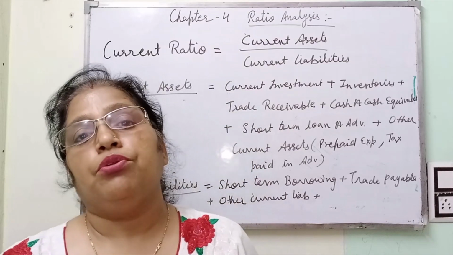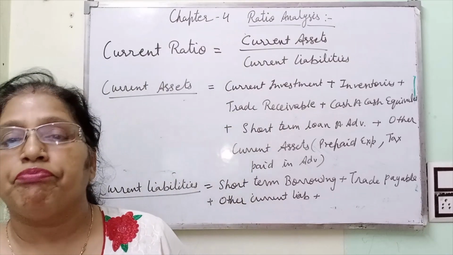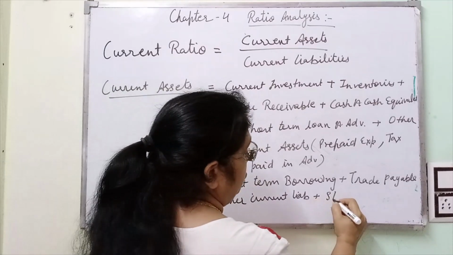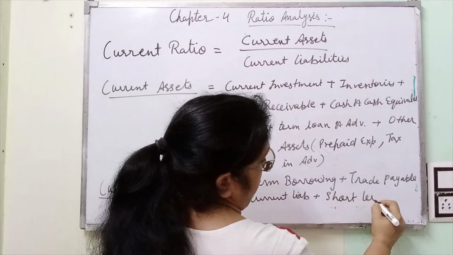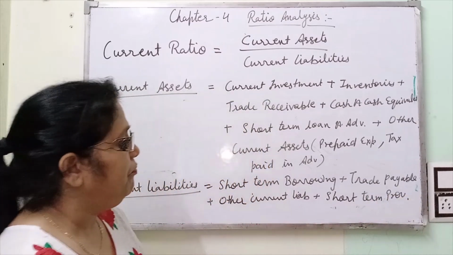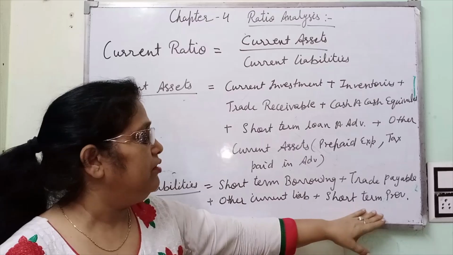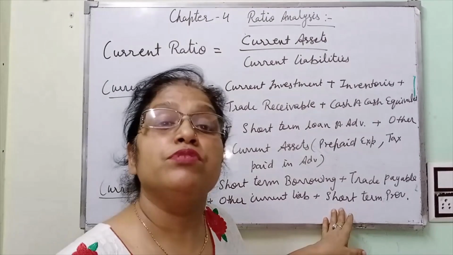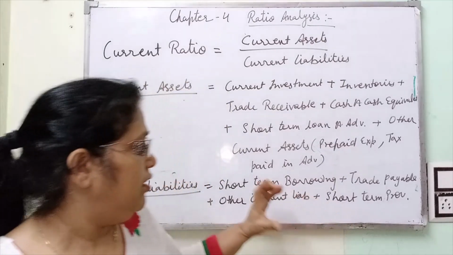Other current liabilities include outstanding expenses, income received in advance, and after this, short-term provisions. Short-term provisions include provision for doubtful debts, provision for tax, provision for proposed dividend, etc.